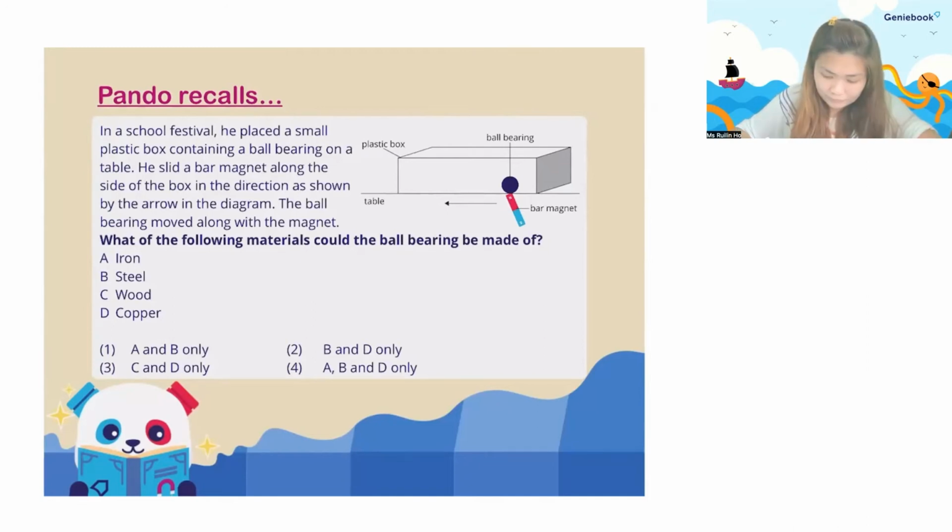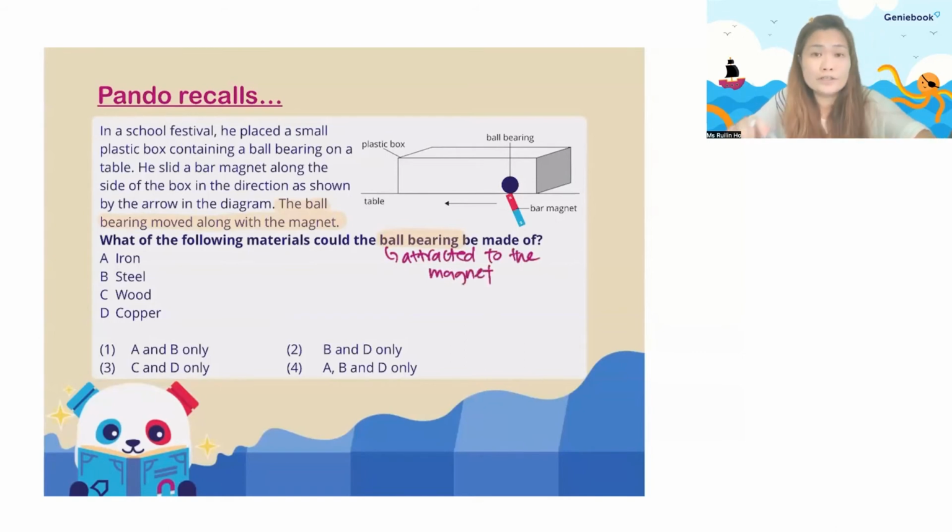Let's go. Which material could the ball bearing be made of? The ball bearing followed and moved along with the magnet. So it shows that it is attracted to the magnet.